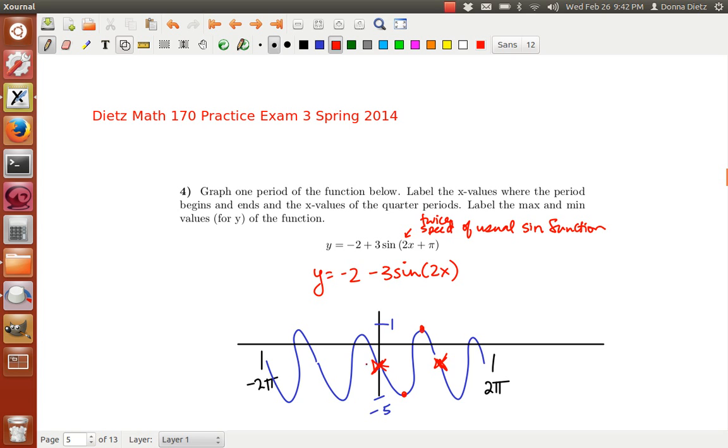That's actually pi right here, and halfway through is pi over 2. So this guy is going to be pi over 4, and this one's going to be 3 pi over 4. So you can say a max is 3 pi over 4, comma 1, and a min is pi over 4, comma -5.